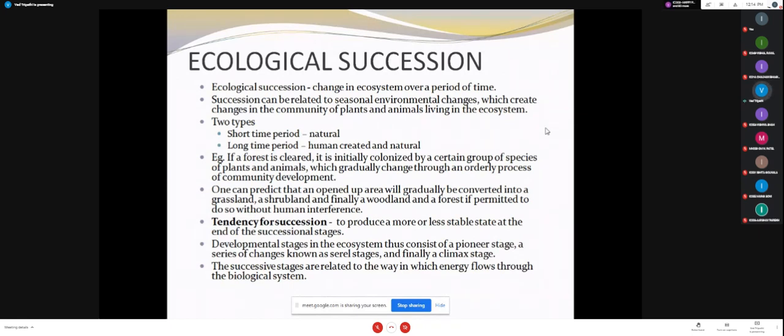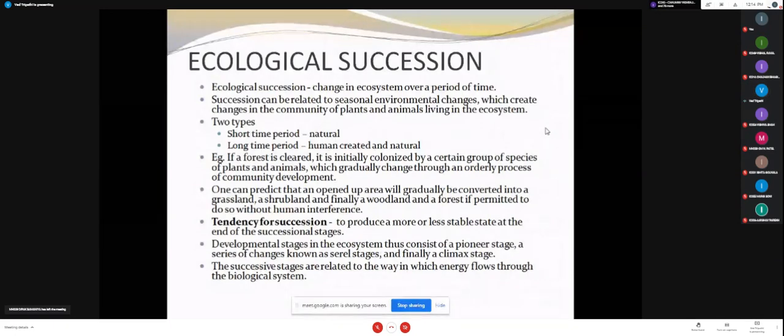Okay, so these kinds of smaller plants together are known as shrubland, and then finally into a woodland, that is many trees growing together, and a forest. So that is the ecological succession that will occur naturally if a specified area is left without any human interference.